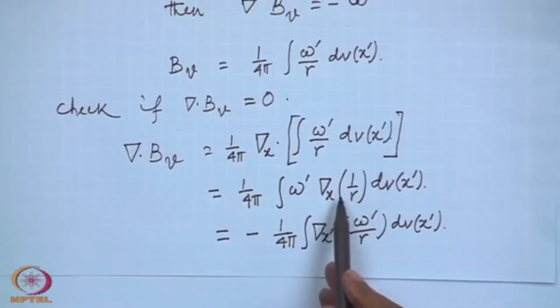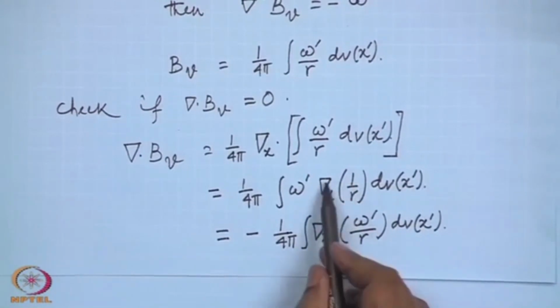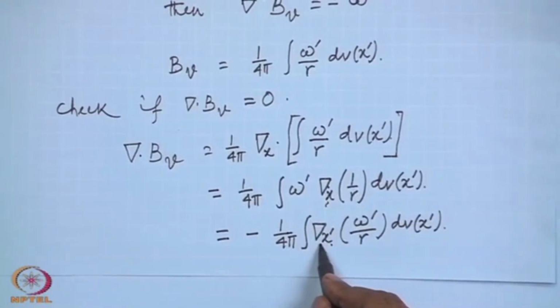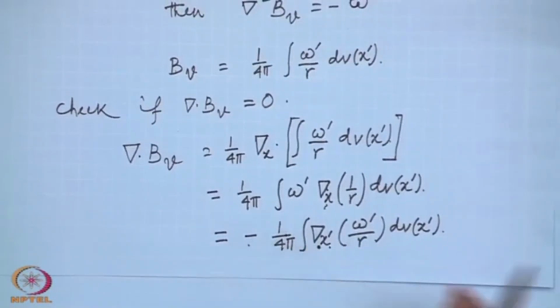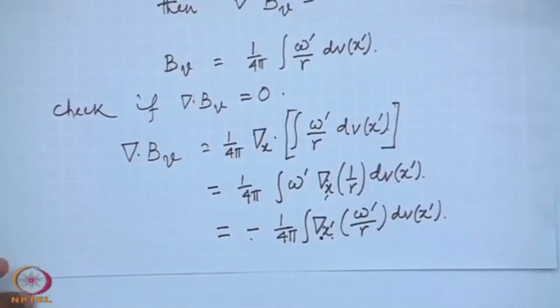We have made a change of coordinate here. This divergence is in x, meaning the derivatives are with respect to x; here we have changed it to derivatives with respect to x prime, which has given us a negative sign here. Now, we can apply the divergence theorem and change this volume integral into a surface integral.